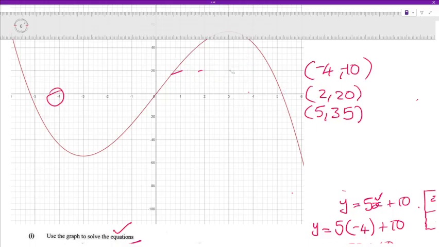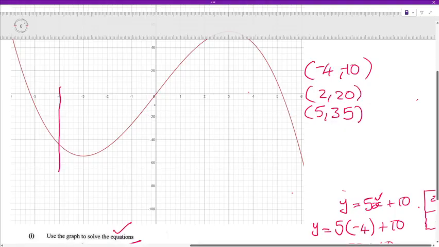Let's clear up some space. So we have negative 4, negative 10. Negative 4 is this line here for the x. Y is negative 10. So if this is 0 and this is 20, meaning each box is going to be what?